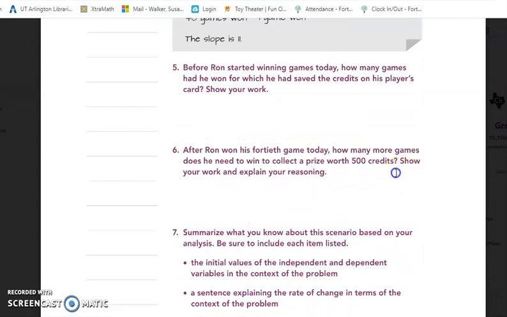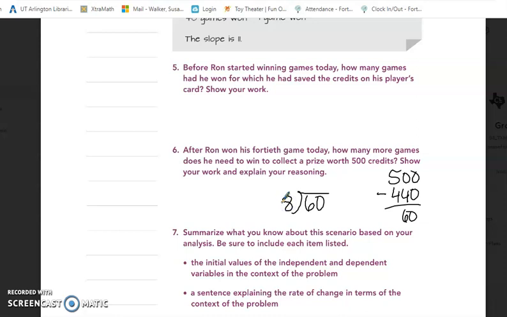So we want 500, and sorry for the constant interruption. 500, we have 440, which means we need 60 more, okay? So I have to figure out how many games I need to win, okay? So 60 divided by 8.